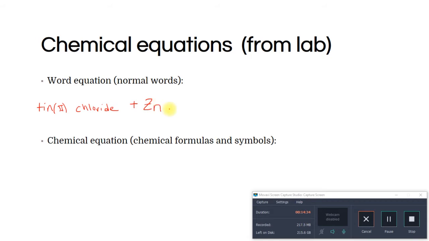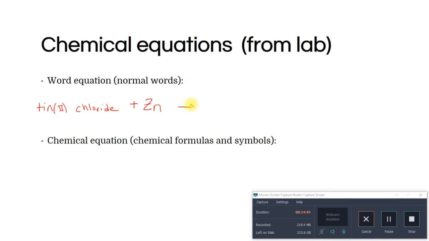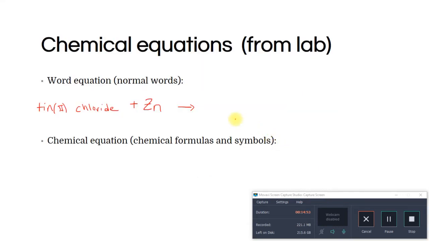If you don't remember that, of course, you go look in the back of your book and it has an alphabetical listing. And then it says producing. So producing means arrow. Sometimes it says yields too. Yields a solution of zinc chloride. So zinc chloride. So Zn.